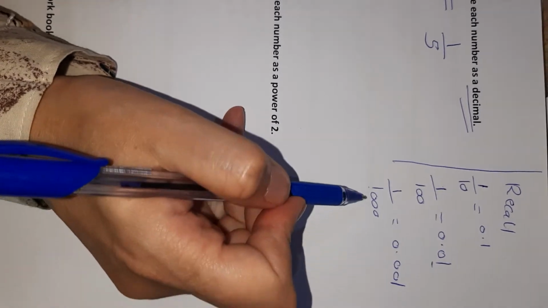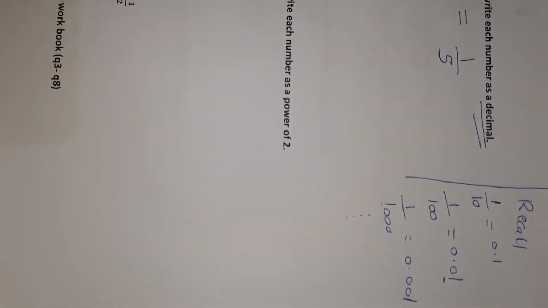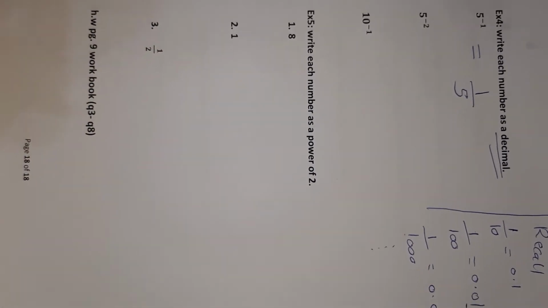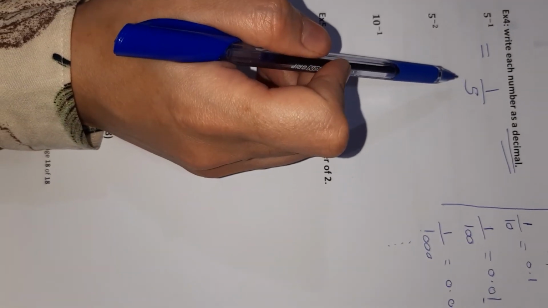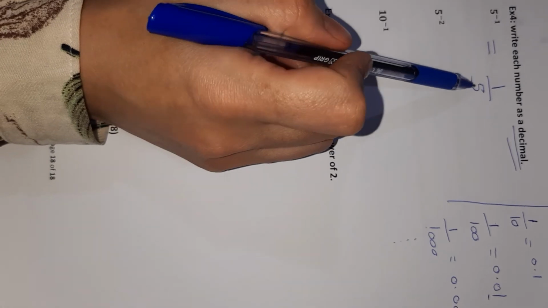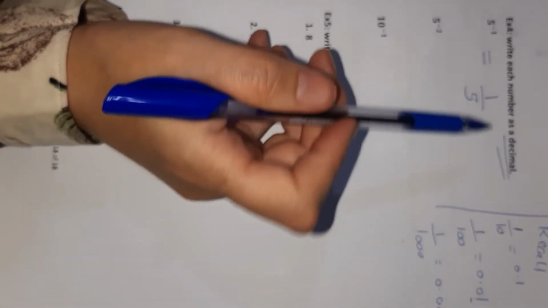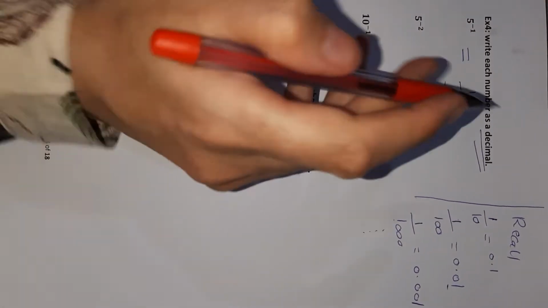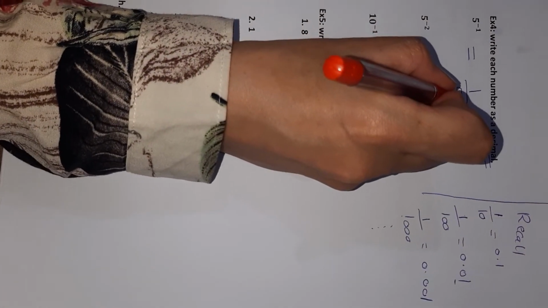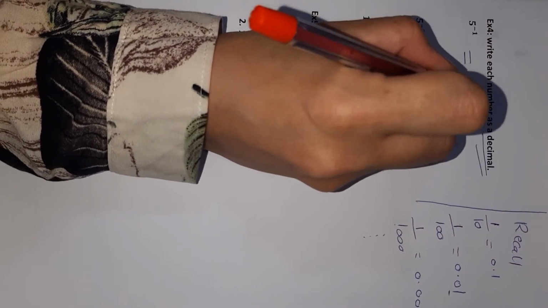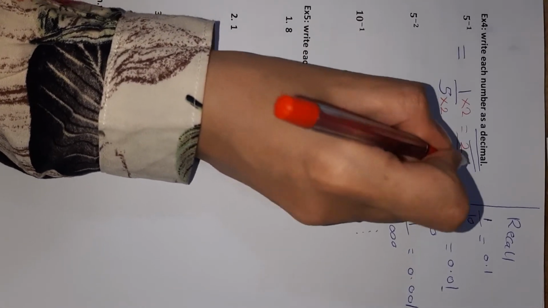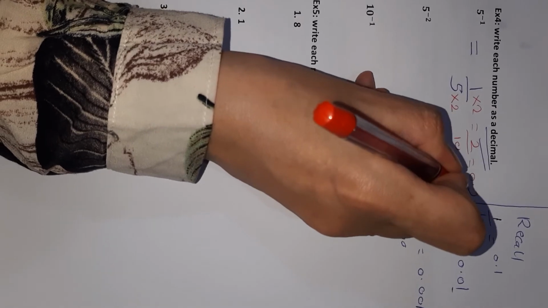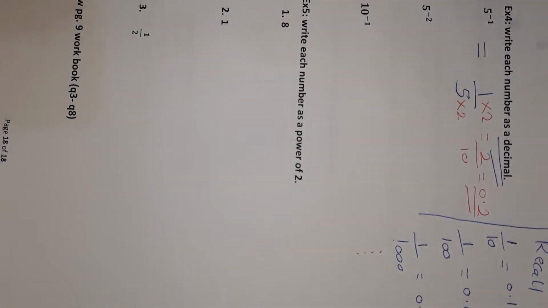This is a decimal. Now here we have 5 in the denominator. We need to convert it to 10 or 100 to write it as a decimal. If we multiply 5 by 2, we get 2 out of 10, which is 0.2. This is a decimal.